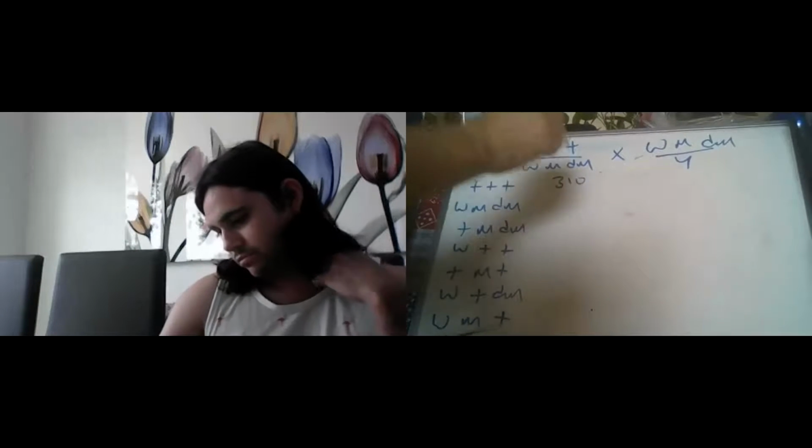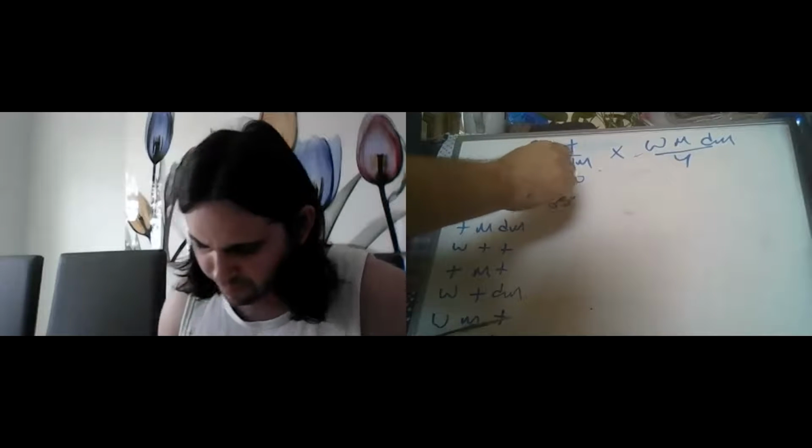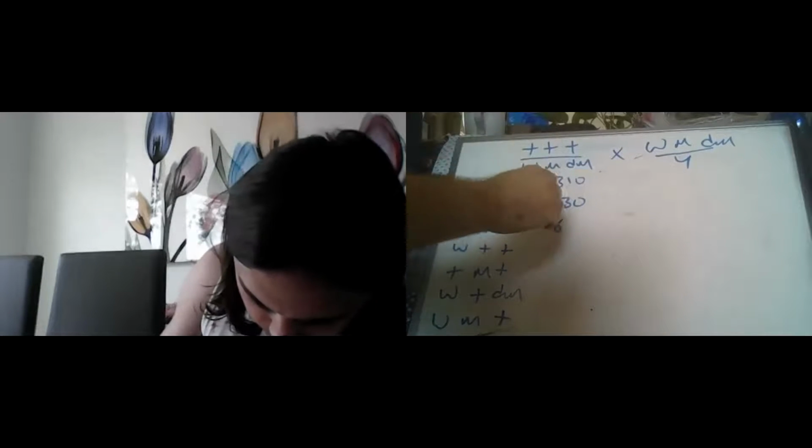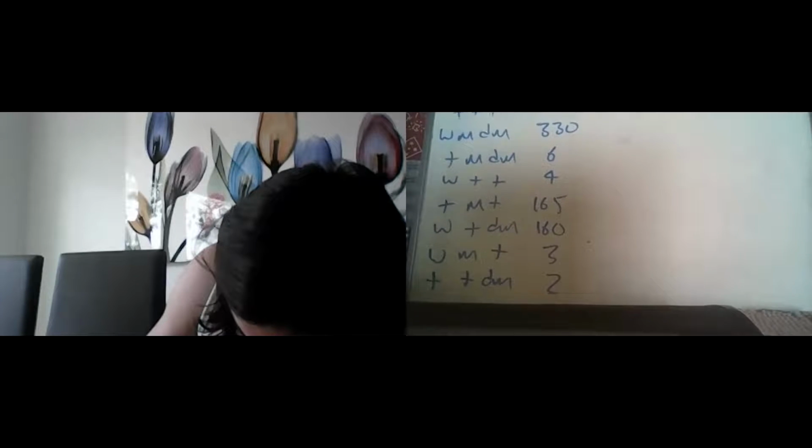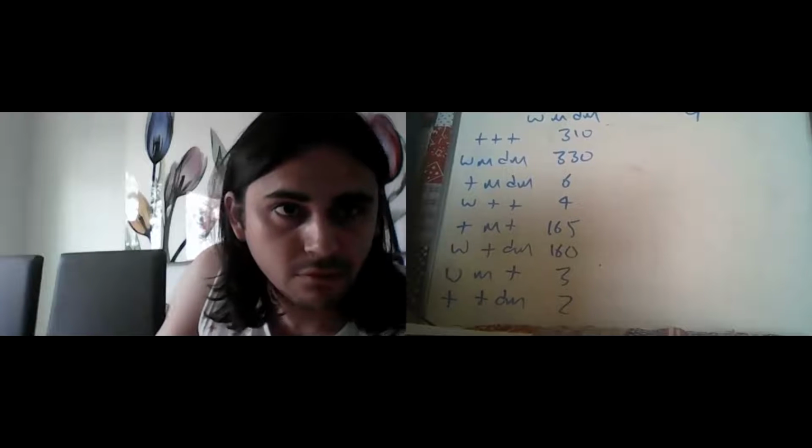All right, here are the numbers. Can you all see that clearly? Those are M's, and this is a W.